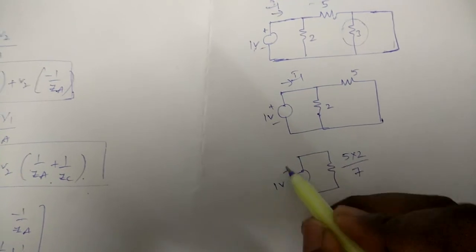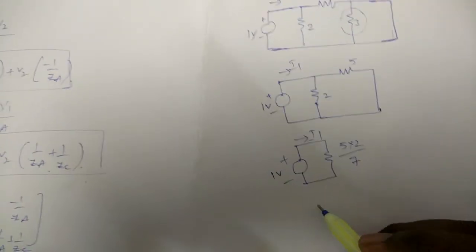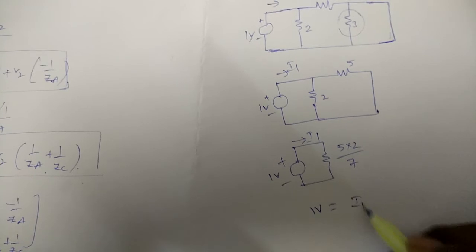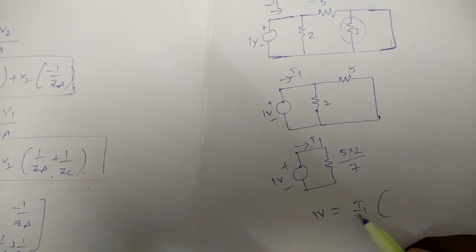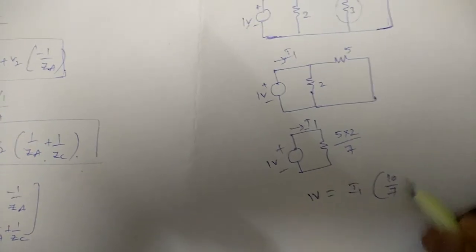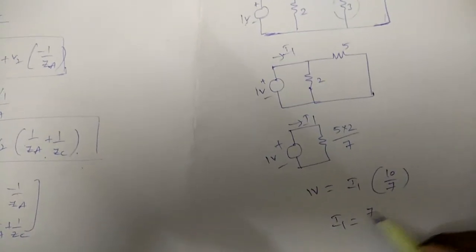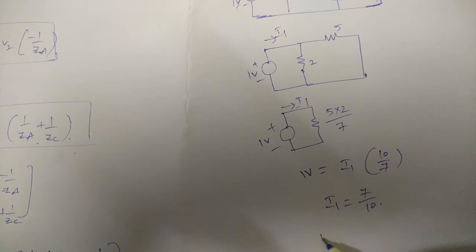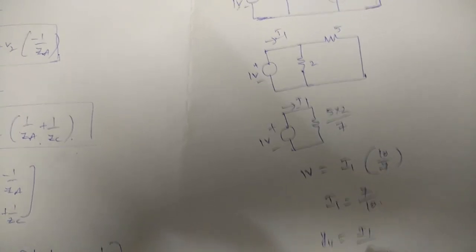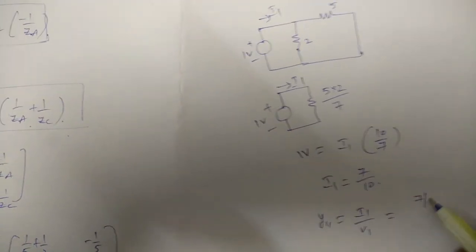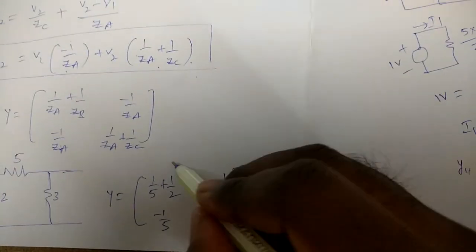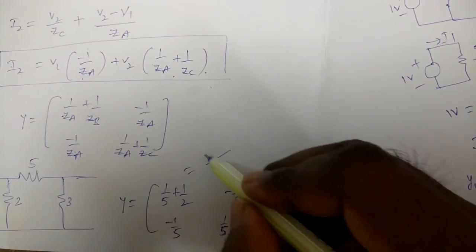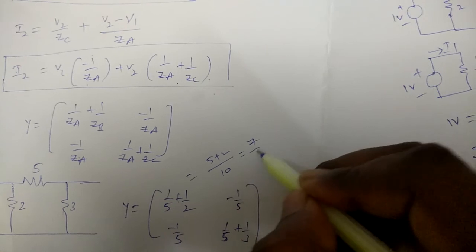So 1 volt is equal to I1 into 10 by 7, so I1 is equal to 7 by 10. So our Y11 is I1 by V1, that is 7 by 10 divided by 1 volt, which equals 7 by 10. From here also you can find: 5 plus 2 is 7, over 10, so 7 by 10.